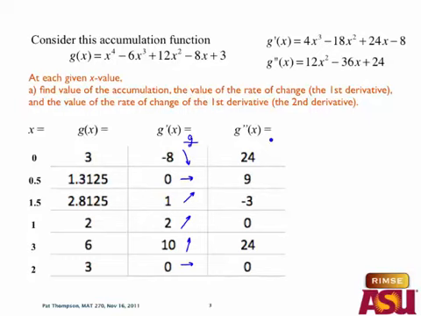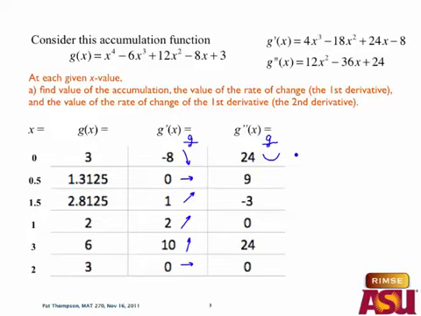Now, same thing, we're going to look at the second derivative and say, what is g like given these values? So what do we have? We have that the second derivative is 24. What does that mean for g? It means that the rate is increasing, and if the rate is increasing, g is concave up.